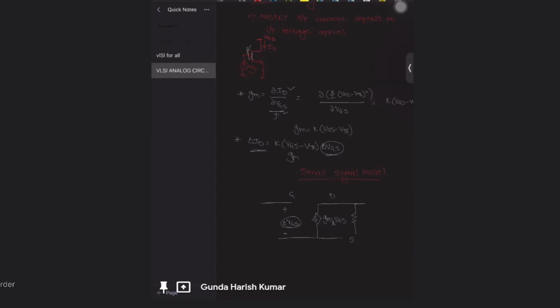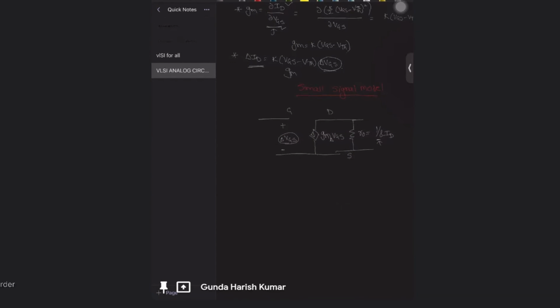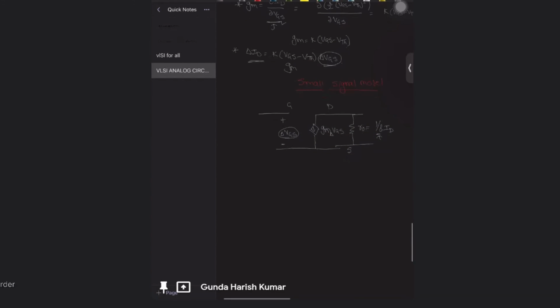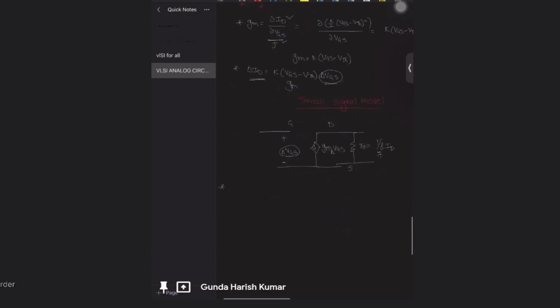Between the drain and source there is a channel, so there will be a resistance between them. This formula is 1 by lambda ID. Values like K and lambda are constants that will be given. So this is the small signal model of a MOSFET.